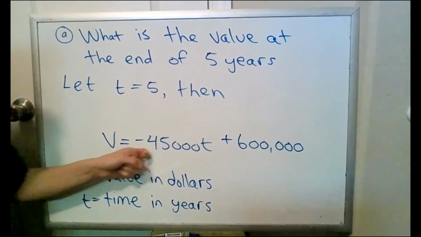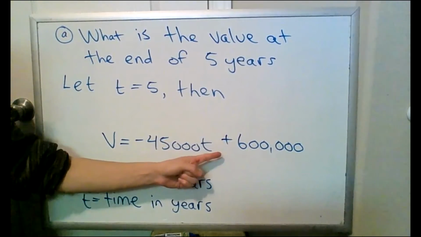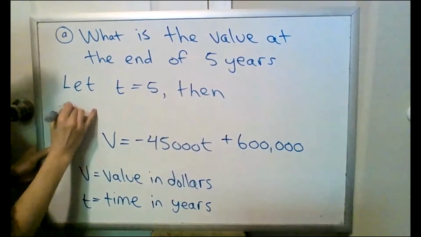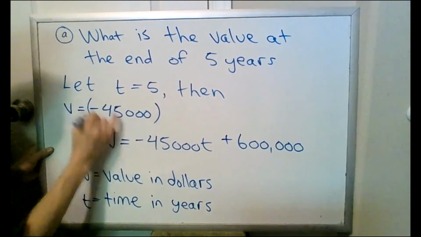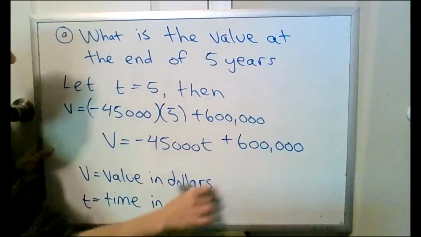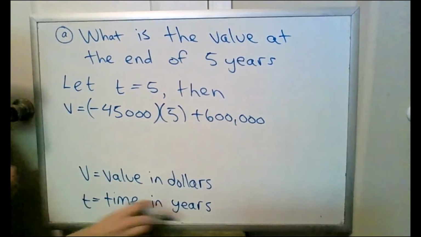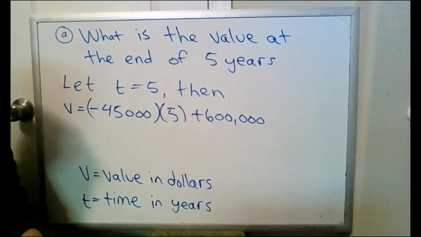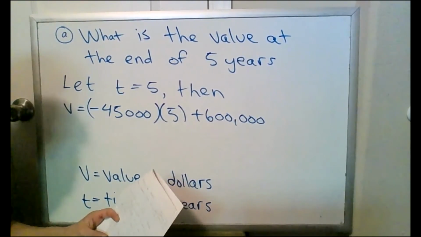V would equal negative 45,000 times 5 plus 600,000. And let's see, I got $375,000.